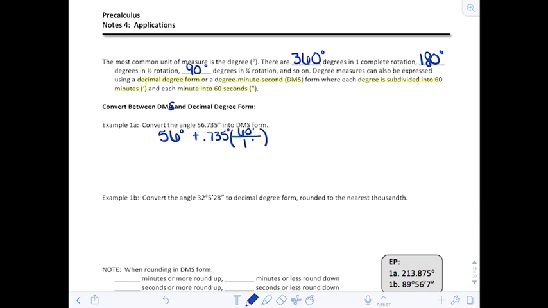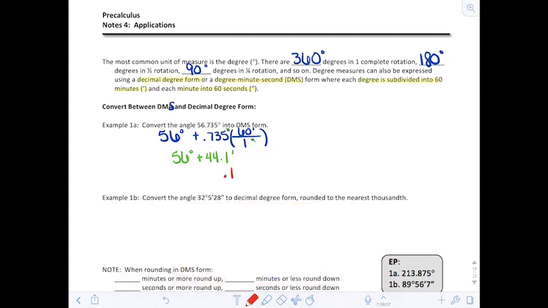So this way, our degrees are going to cancel, and I'll be left with minutes. So when I do that multiplication, I get 56 degrees plus, that turns out to be 44.1 minutes. So then what I want to do is I want to take the minutes and convert those to seconds.